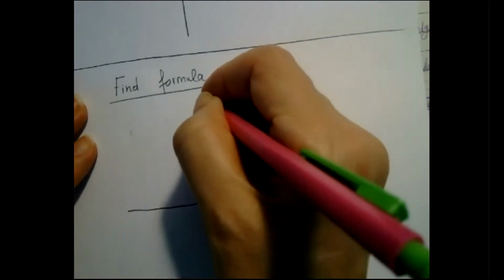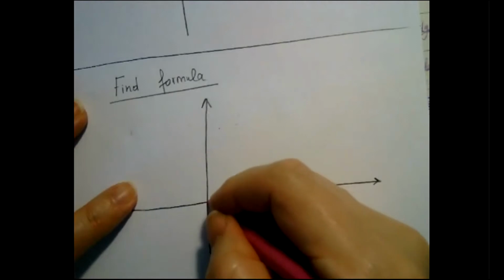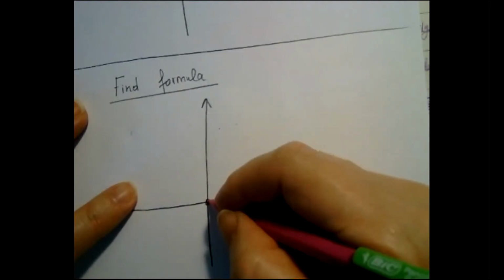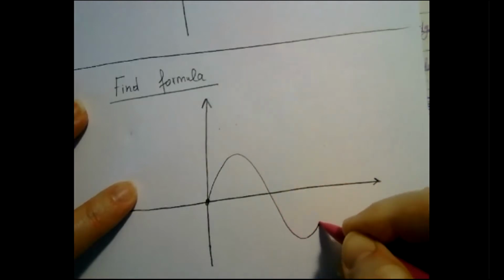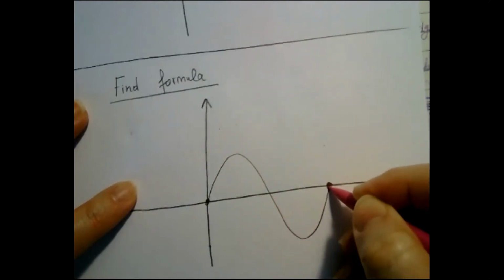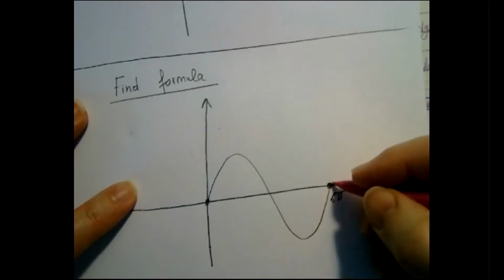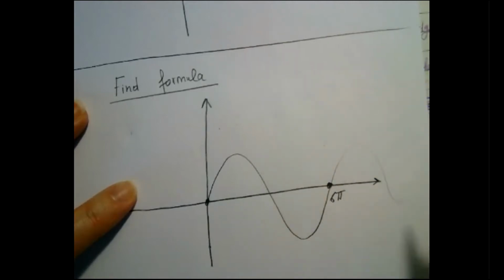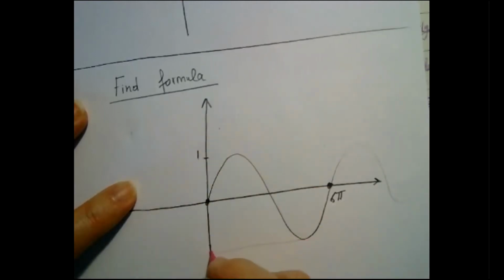So suppose I have this graph. I'm going to start here. I'm doing a very basic one. And this is 6 pi, and then it repeats itself. The maximum value I'm going to keep at 1, and the minimum value at -1.